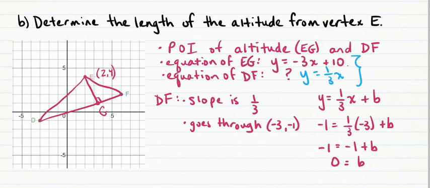So we now have both of these equations. If we want to find what point G is, we have to find the point of intersection of EG and DF. Using these two equations, we can use substitution or elimination to solve for the point of intersection.